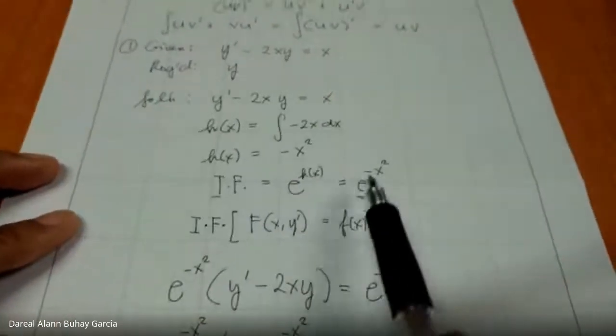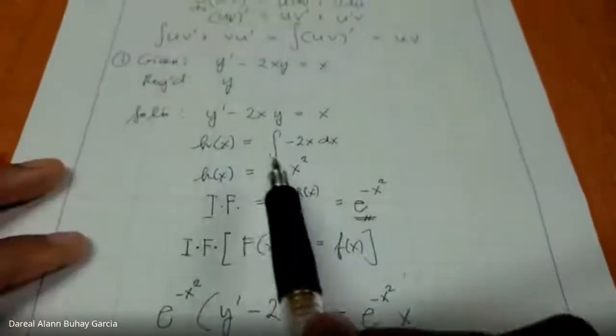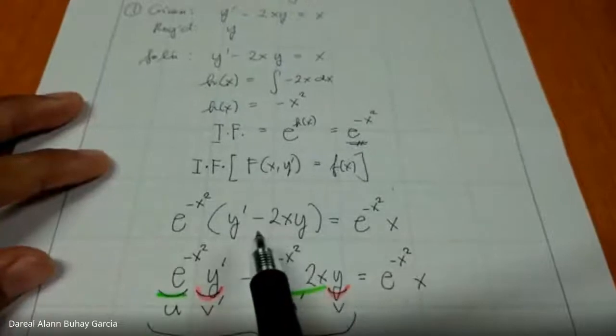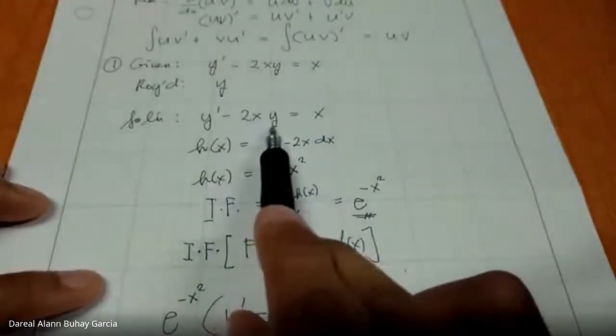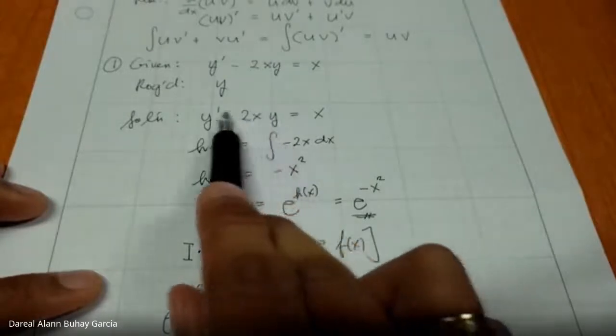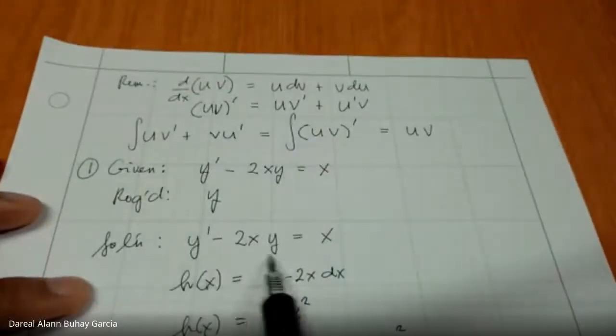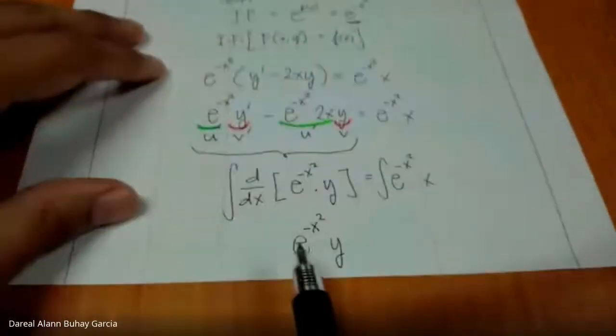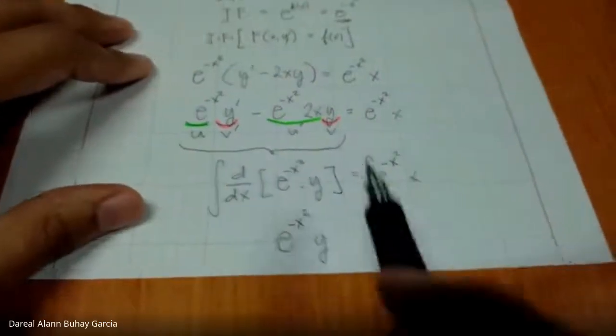If the integrating factor has been solved, the integrating factor is just copied here, then y. Everything given is reduced into the integrating factor multiplied by y.